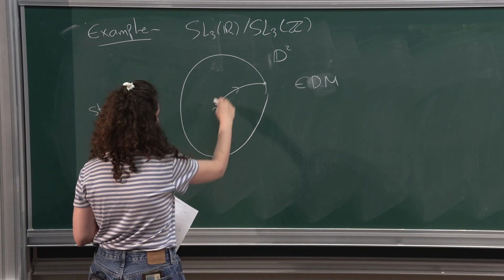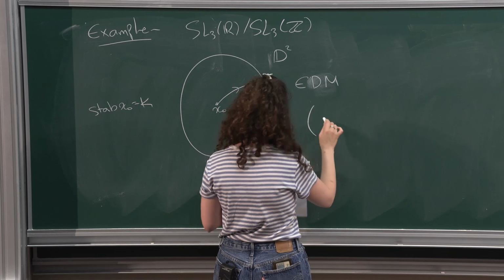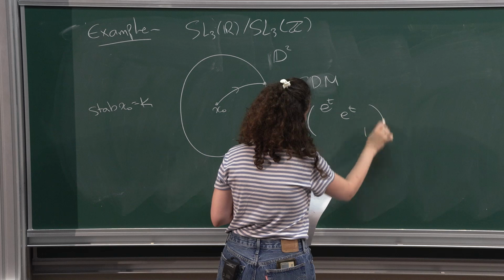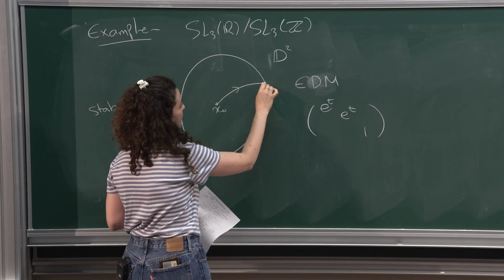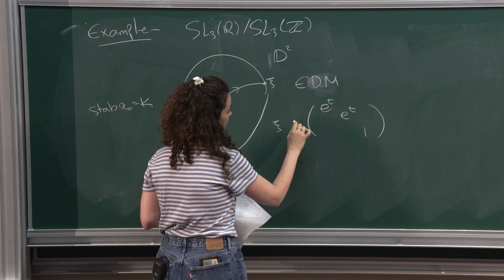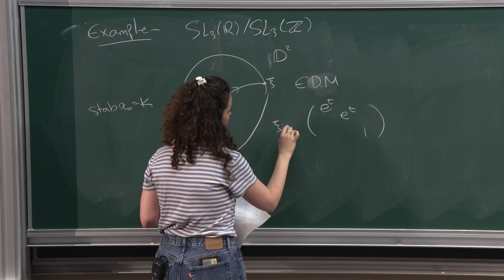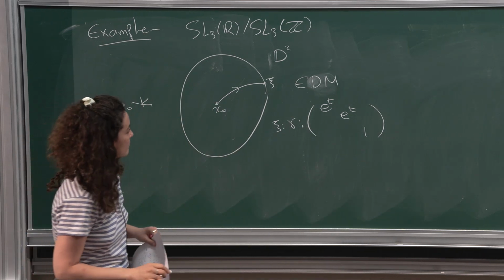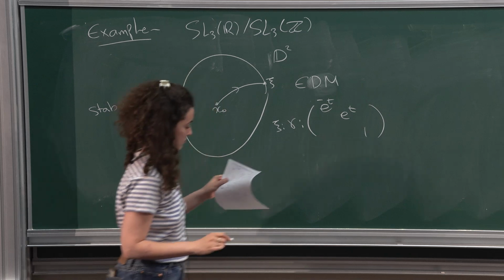For example, you can take this orbit to be defined using e to the minus t, e to the t, 1. And if you take this point, C is like the limit of the geodesic gamma defined by this one.